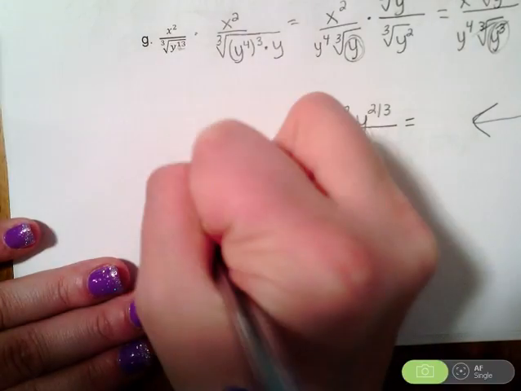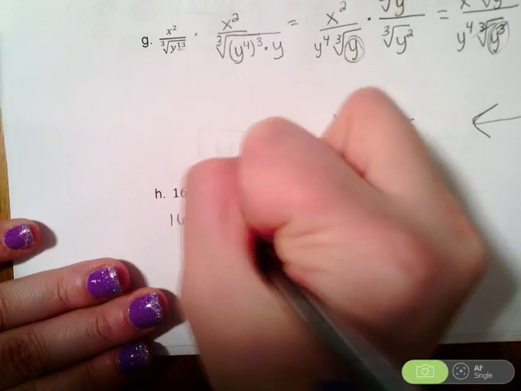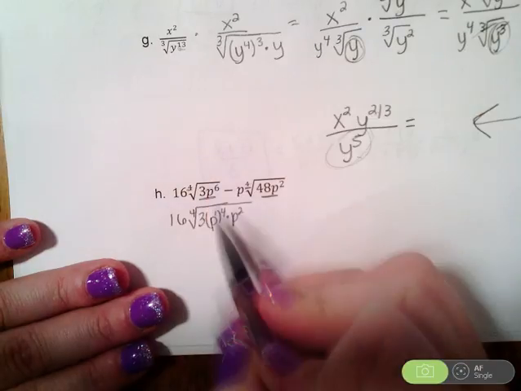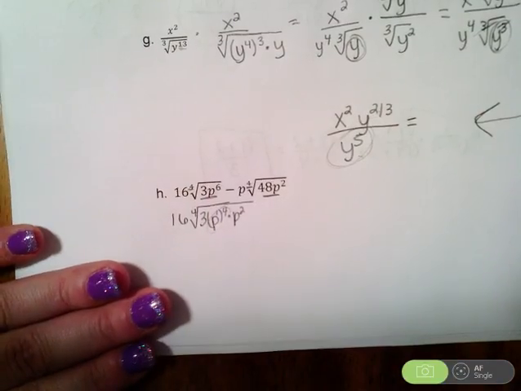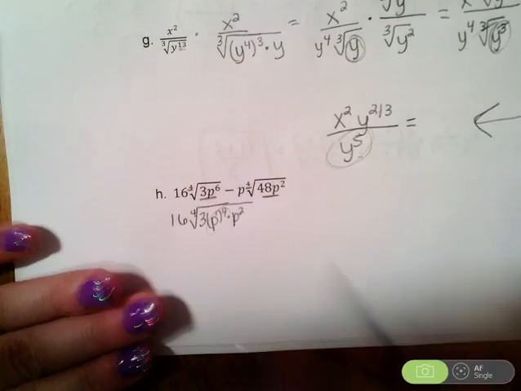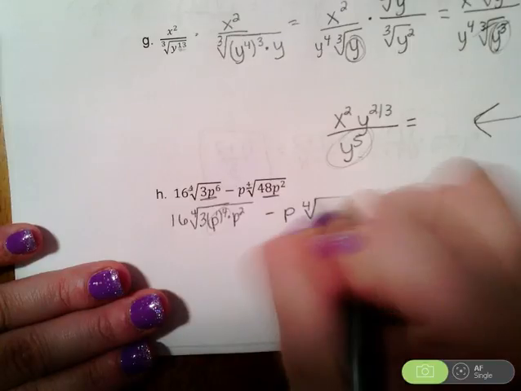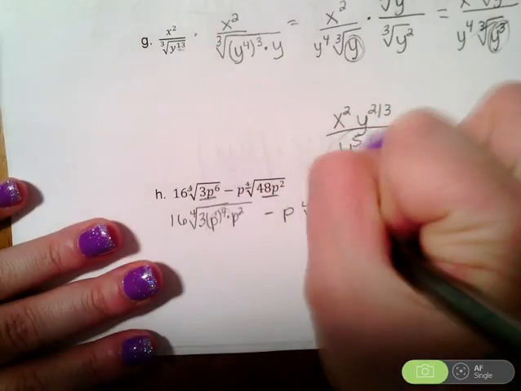That can't change. 3 can't change, but we could write this as p to the 4th times p squared, right? Because there's 6 of them, so there's 4 of them. There's p squared. I wrote it like that, so maybe I could pull out a p or 2, okay? Minus, the p stays on the outside, 4th root of, okay, well, if you actually do the math, 48 can be written as 2 to the 4th.